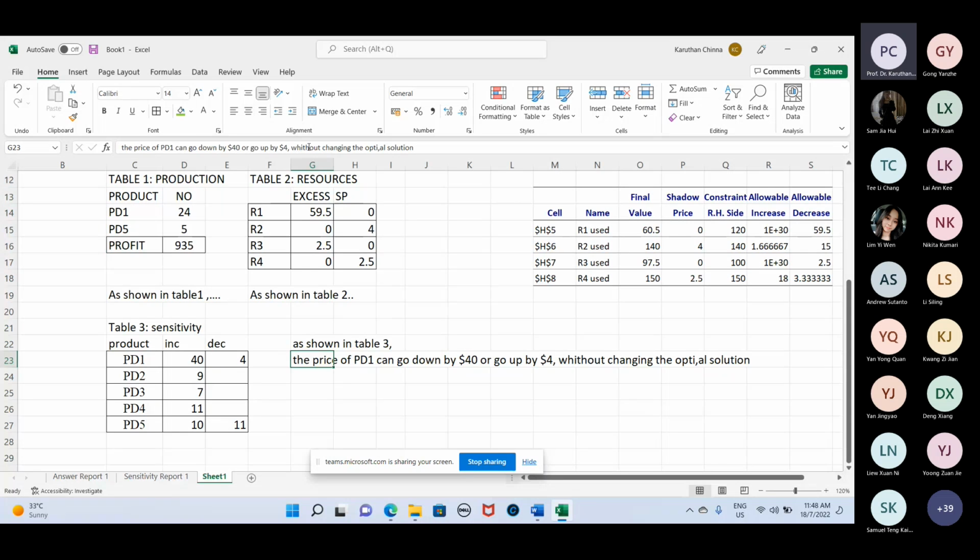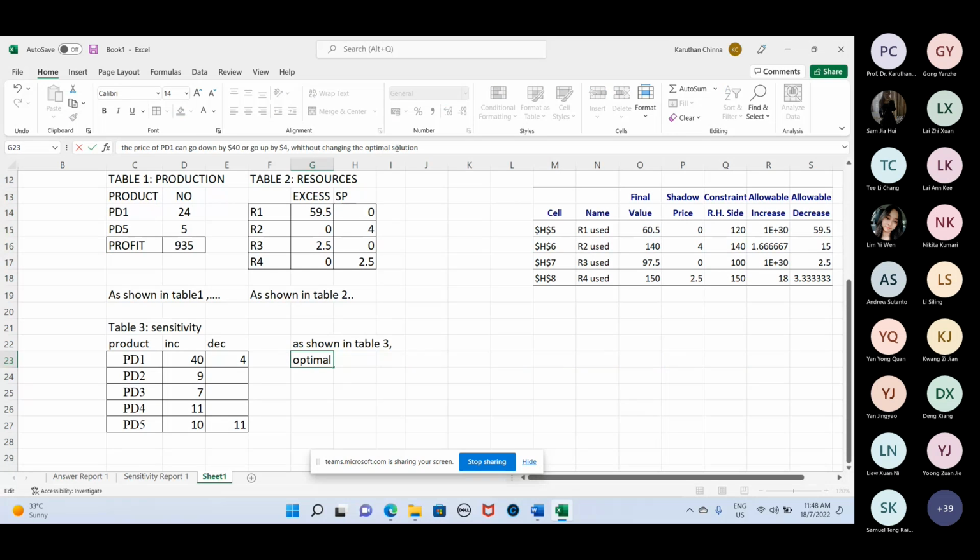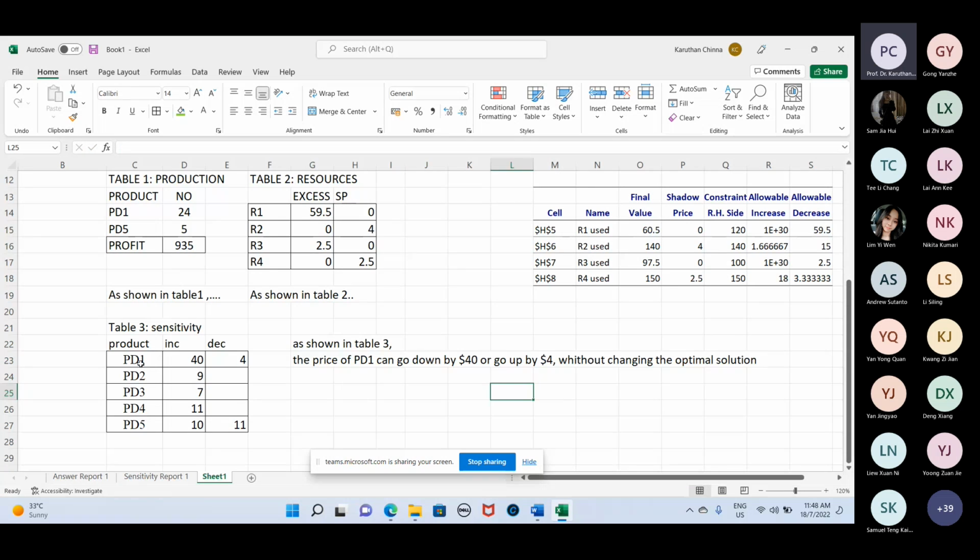So for each product, you explain. For each, this is product PD1. So all the PDs, you summarize it. What else do we need here? All the results came from where?